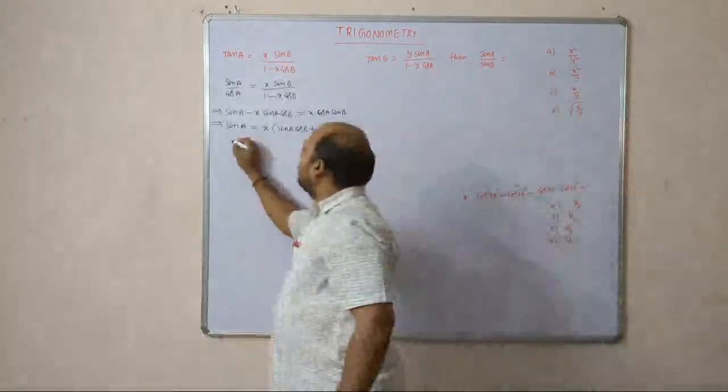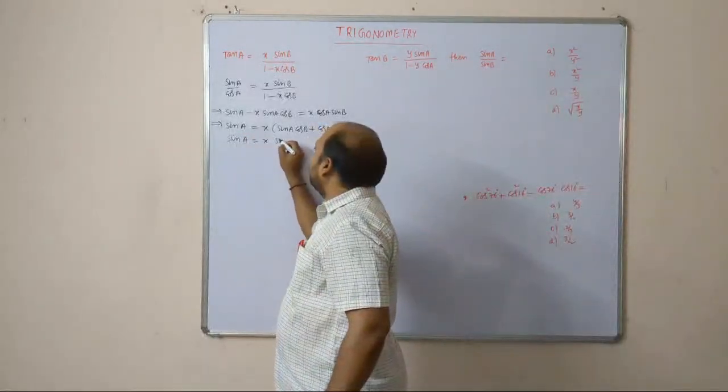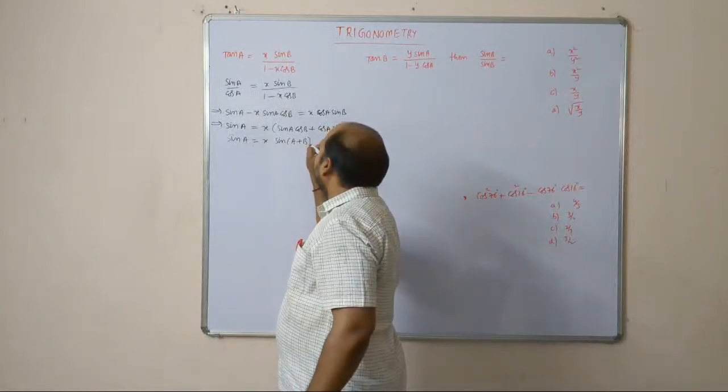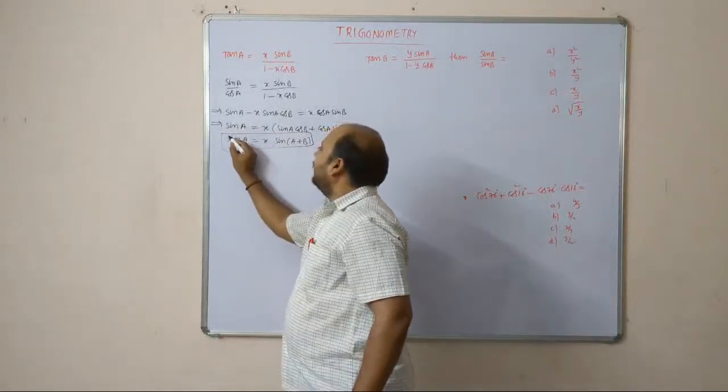Sin of A plus B. Therefore, sin A is equal to x into sin of A plus B. So this is the value of sin A.